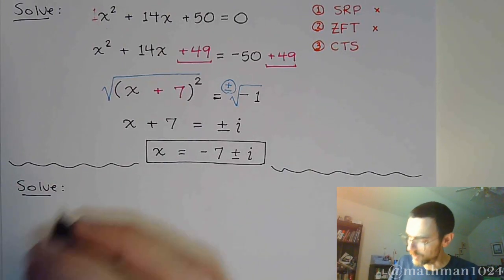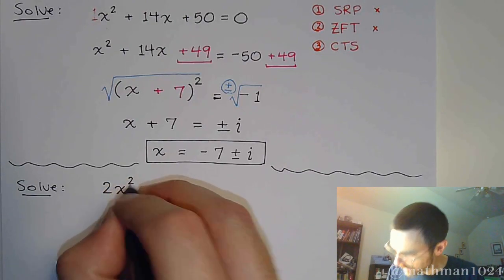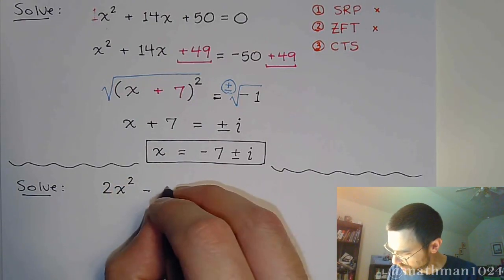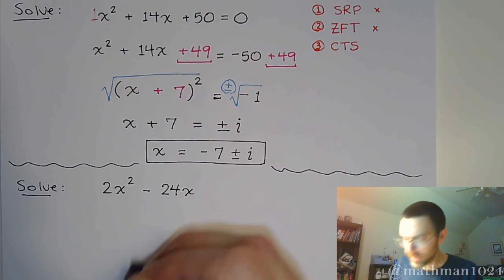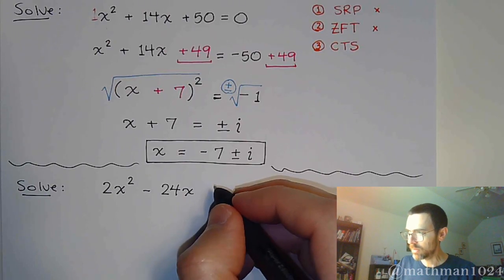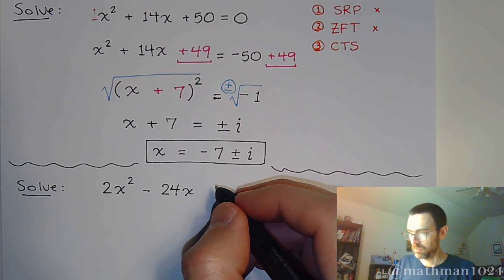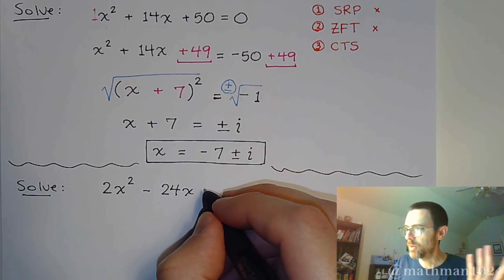Let us try another one. So 2x squared minus 24x, all right, and I want to have, why's my mind going blank?